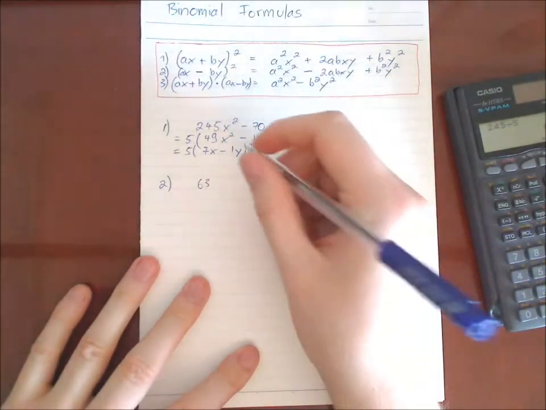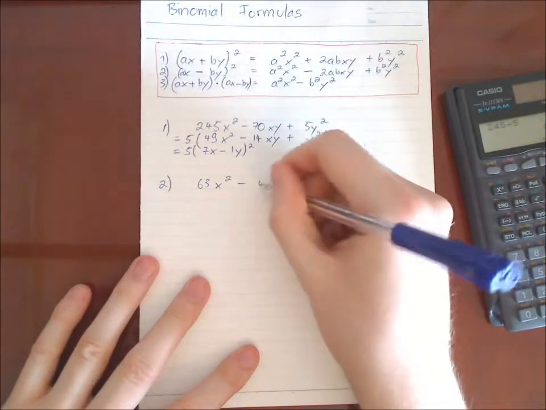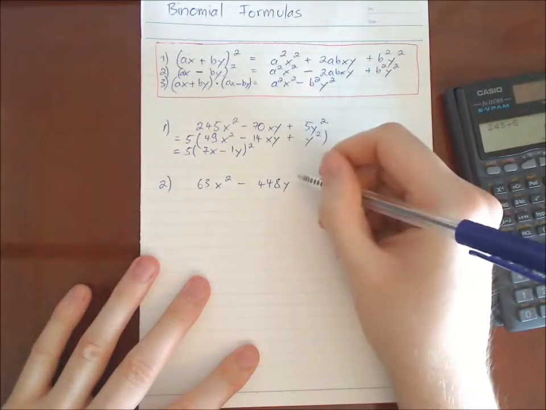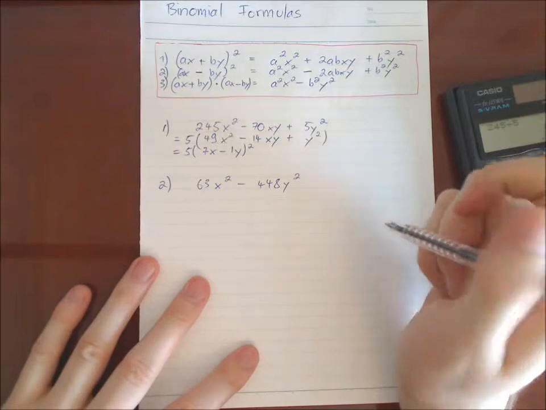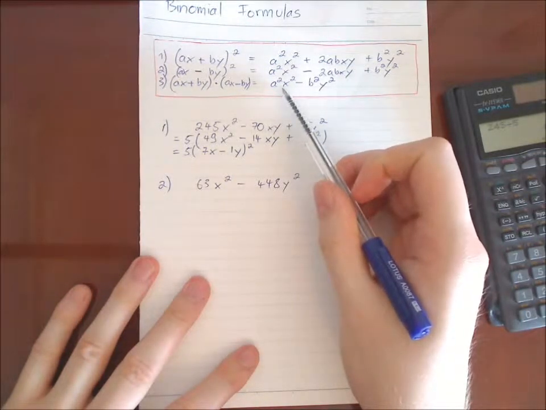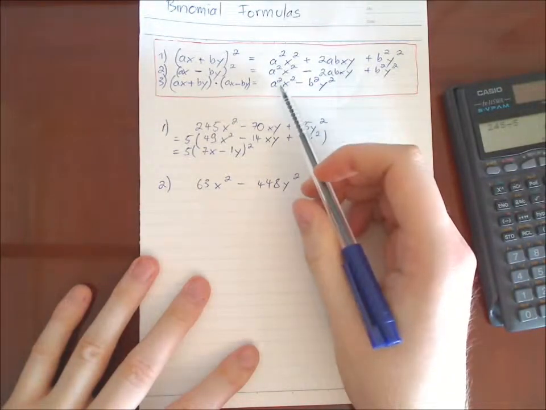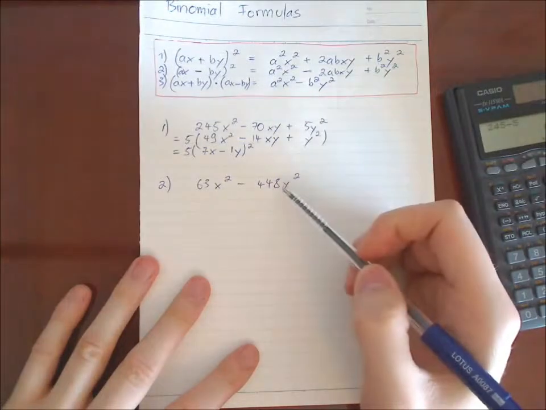So we have 63x to the power of 2 minus 448y to the power of 2. And we see, okay, the numbers are maybe not too nice if we take the square root, but this should be the third binomial formula, right?